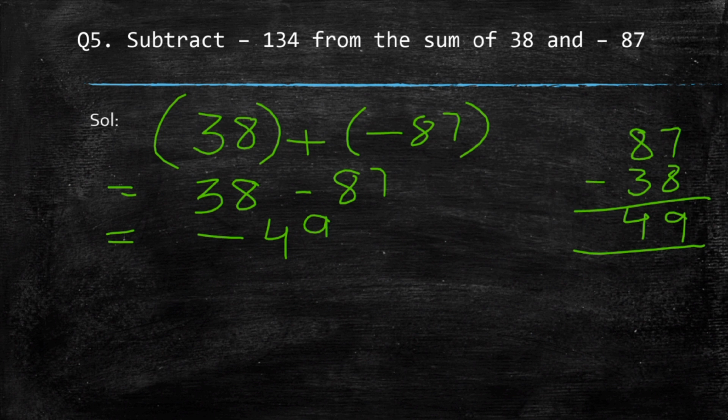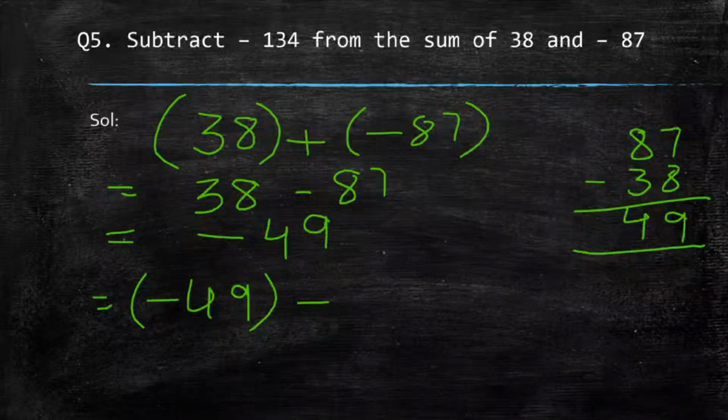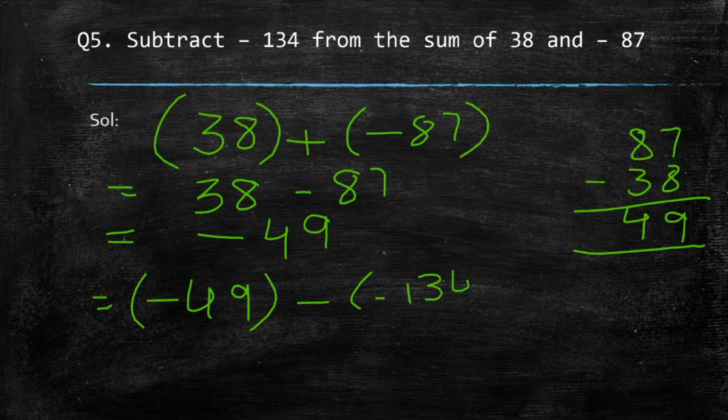Minus 49. After that, subtract minus 134 from the sum. So ये जो sum है आपका वो पहले लिखा जाएगा because आपको उसी में से subtract करना है. Now what you have to subtract? Minus 134. So it is minus 49 plus 134.